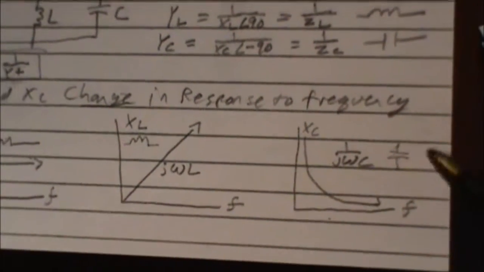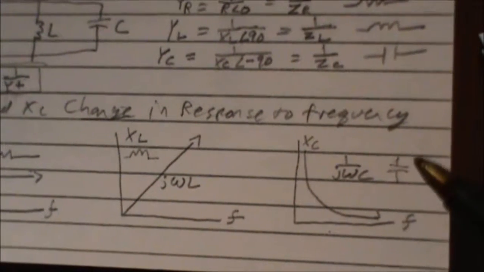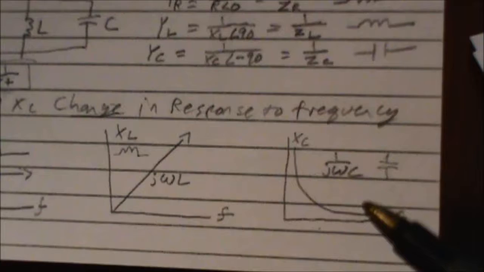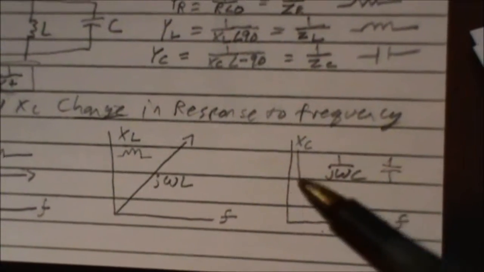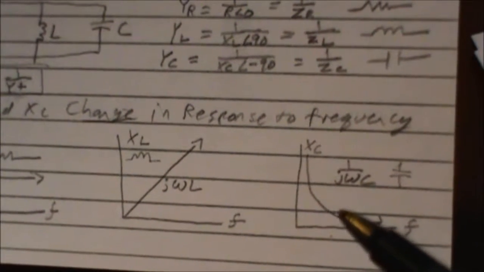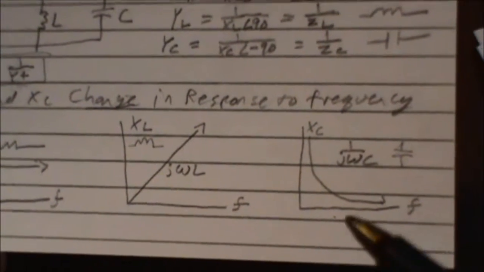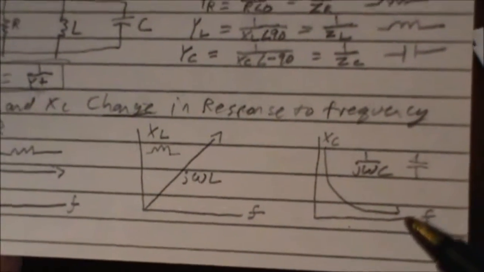For a capacitor, it is a reciprocal function. Because the capacitor is in the denominator, it's going to go like this, and I think that's an exponential function. Correct me if I'm wrong, but that's the curve of a capacitor.